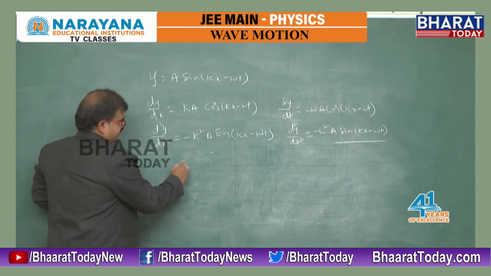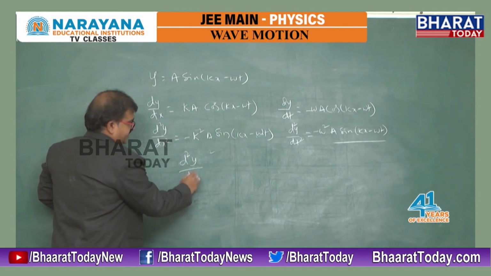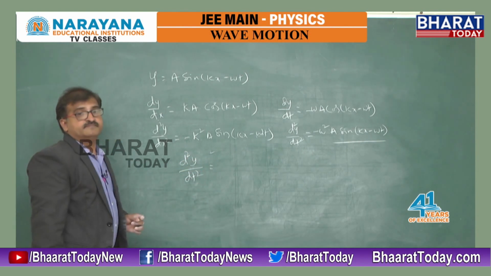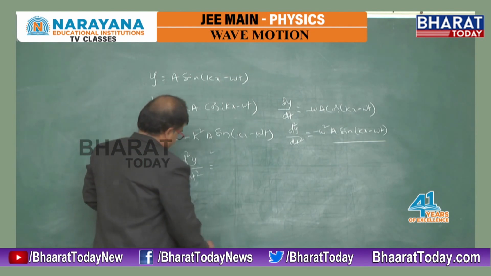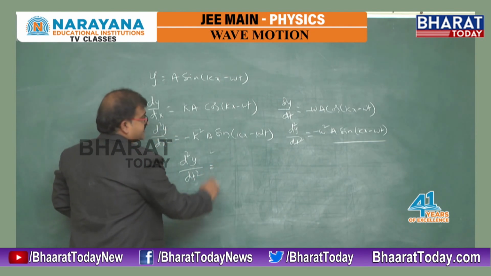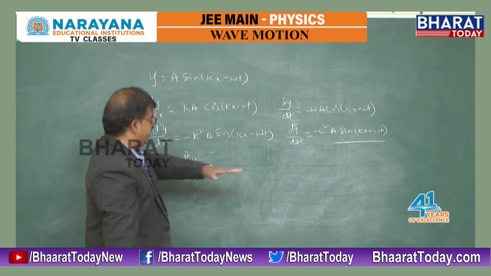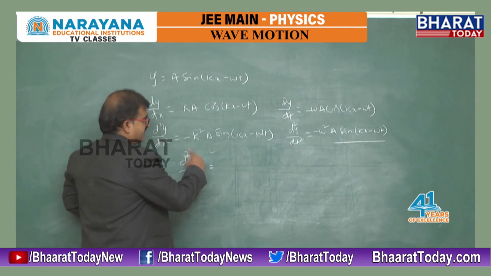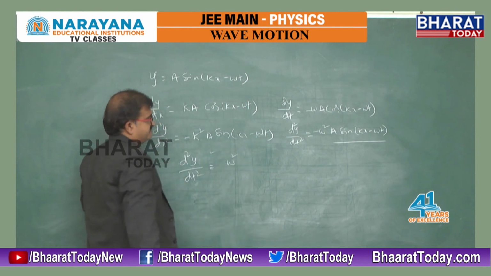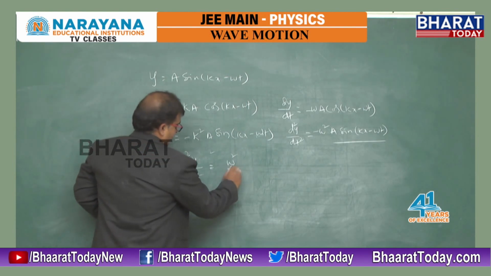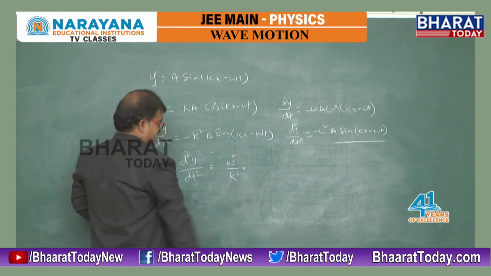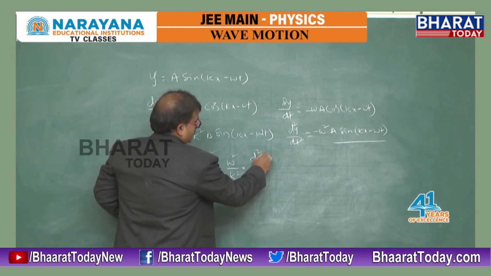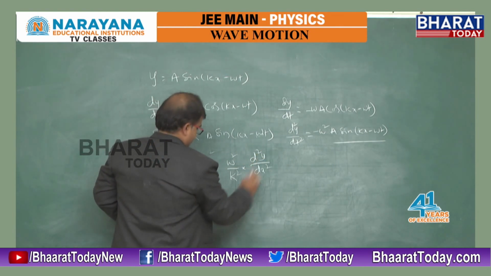So from this d square y by dt square, the second order, by considering these two into account, you can say that it is equal to omega square by k square times d square y by dx square.